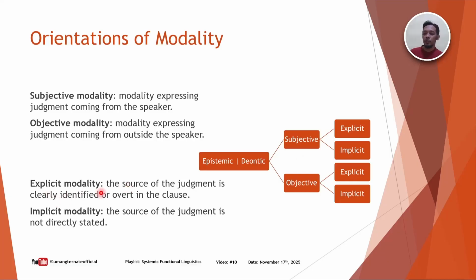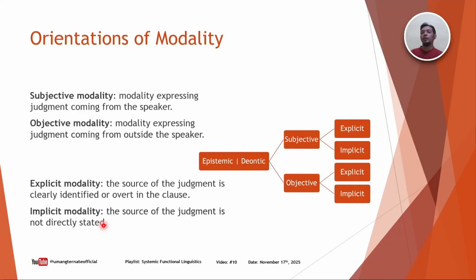Explicit modality is when the source of the judgment is clearly identified or is offered in the clause. And implicit modality is a modality, whether it is subjective or objective, where the source of the judgment is not directly stated.